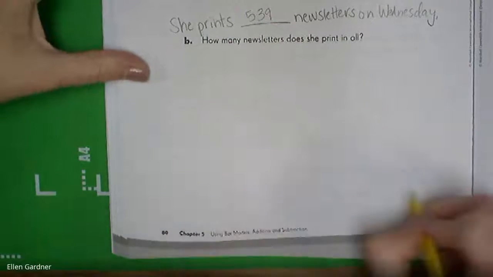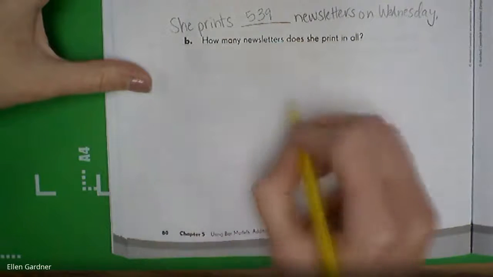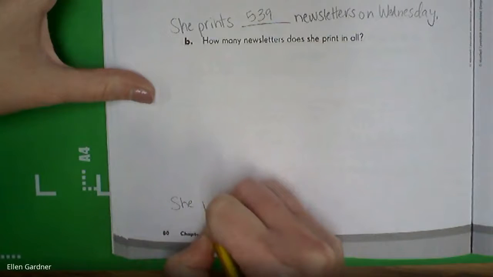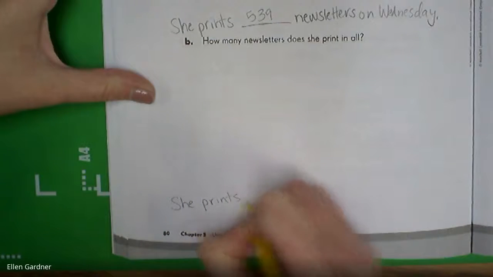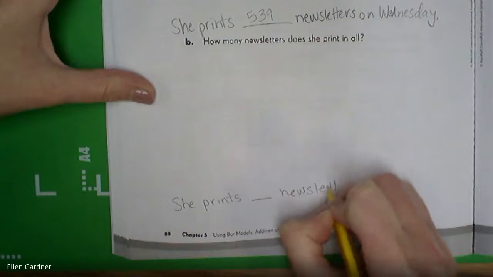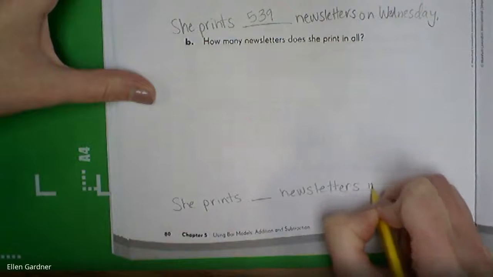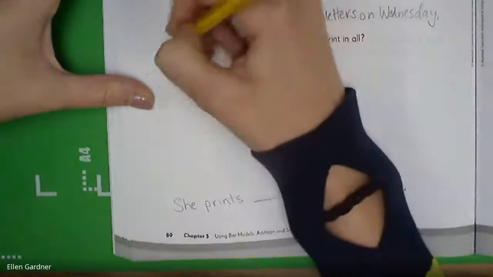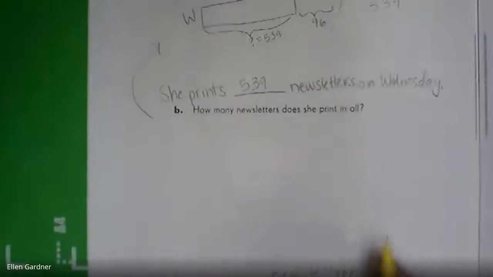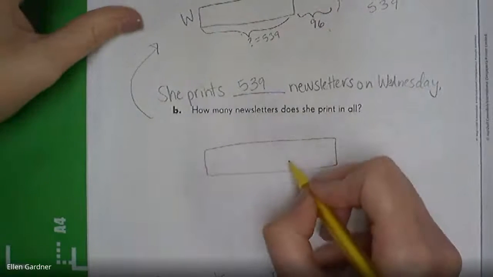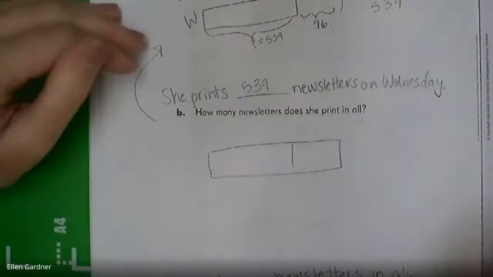So for the answer sentence, we would say something like, she prints blank newsletters in all, and you can solve based off of that bar model. Or if you have a new part whole bar model, it would look something like this.